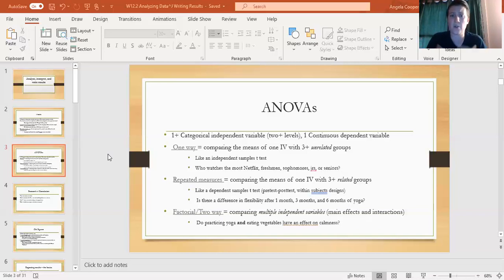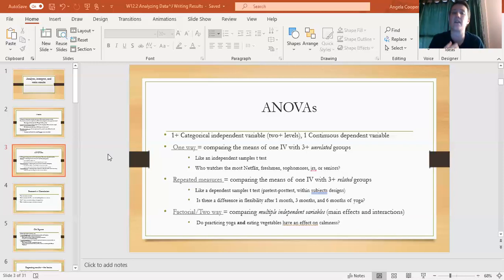So a factorial or two-way ANOVA is where we have multiple independent variables. With everything that we've discussed so far, we've been only dealing with main effects. Remember that a main effect is present when you only have one independent variable. You see, oh, our class did better than Greenwood's class. We have a statistically significant main effect of our class doing better on their test scores overall.